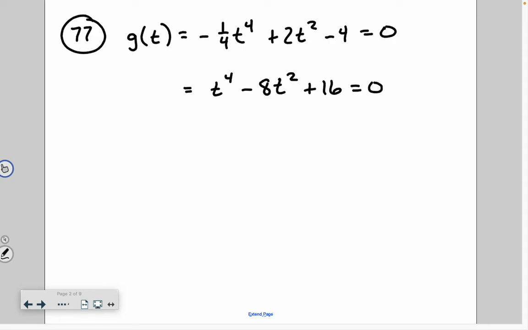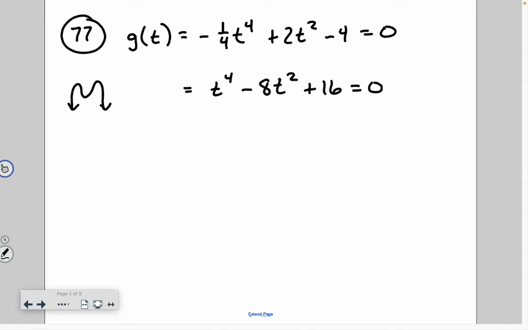Quick question, by the way. General sketch of this graph is going to look like what? W or M? Original problem means it's going to open down. It's going to be that M shape, because you've got a -1/4 t to the 4th.